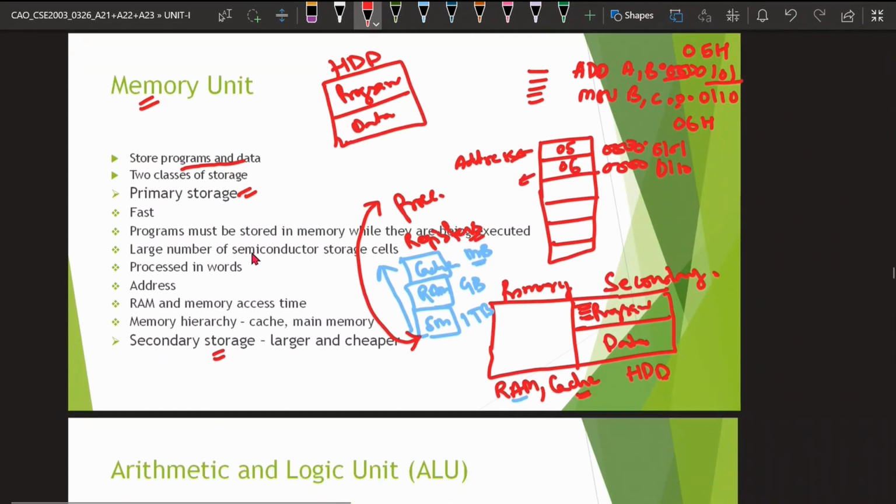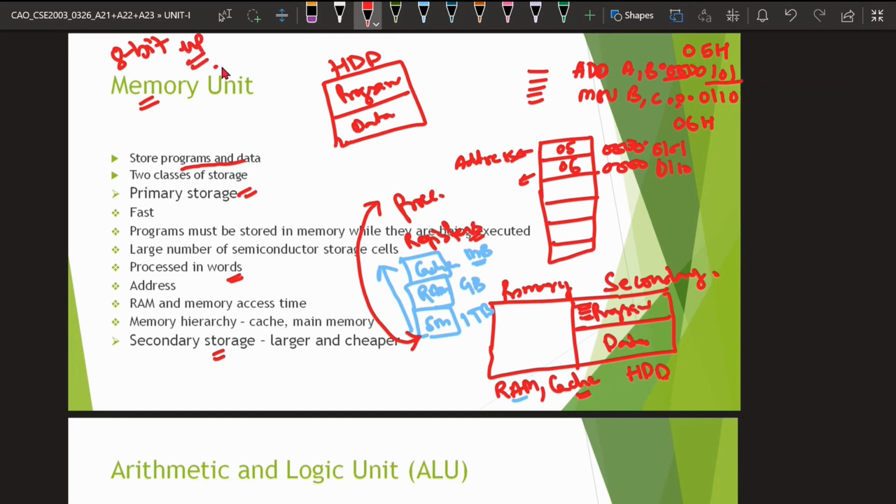Next one is large number of semiconductor storage cells. Here, in terms of primary storage, a large number of semiconductor storage cells are used for designing the cache memory or the primary storage memory. Here the processing will be in terms of words. Based on the type of processor, suppose an 8-bit microprocessor is there.